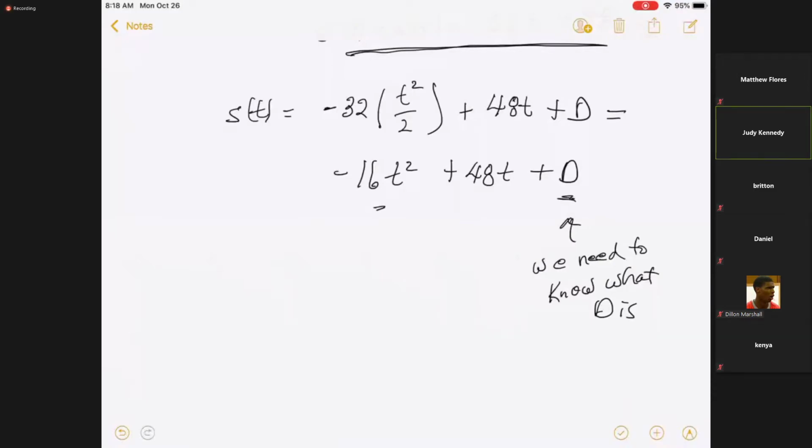So we're given S at time 0 is plus 432. All right, that's going to allow us to find D.